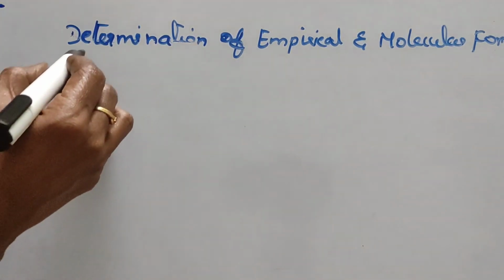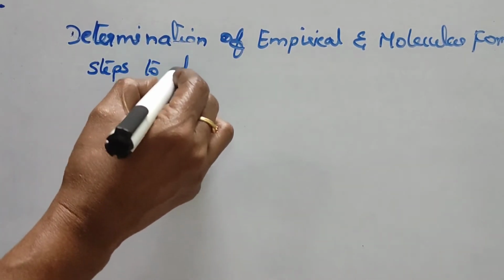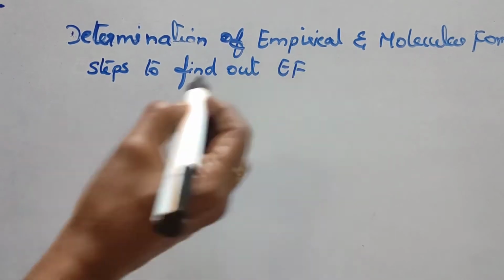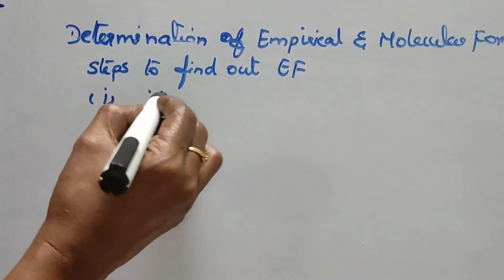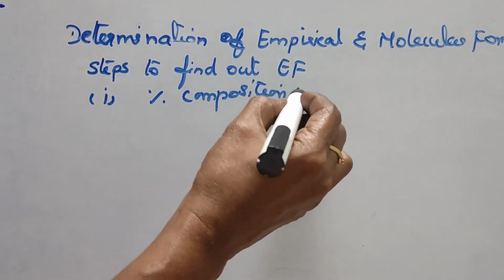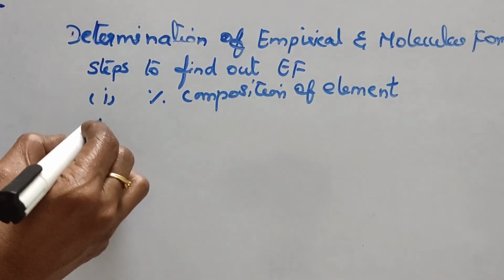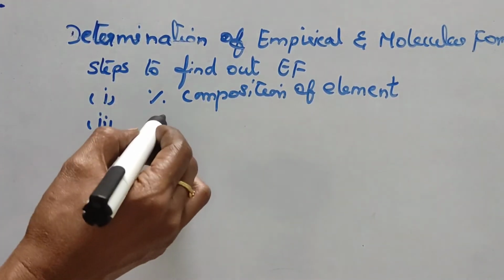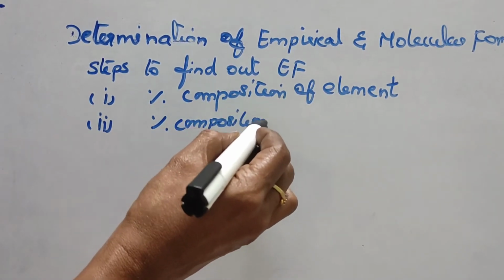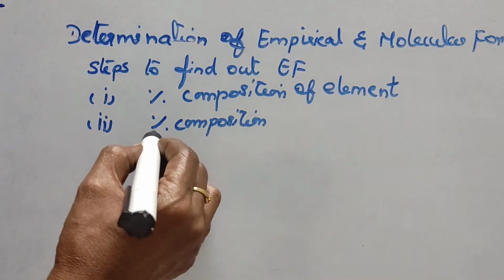First, see the steps to find out empirical formula. First one, we need the percentage composition of the elements. Second, from the percentage composition, we are going to find out the simplest ratio of atoms.